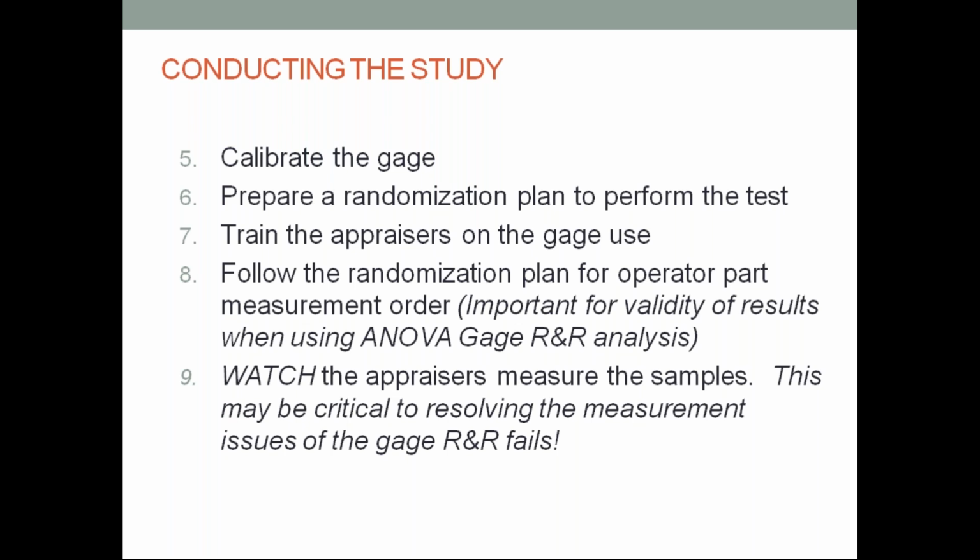Watch the appraisers measure the samples. Don't just hand them the parts and hand them the gauge and walk away and come back and get data. Because if it fails, you won't know what caused the problem. You won't have any of the within or between information that will help you resolve the problem.